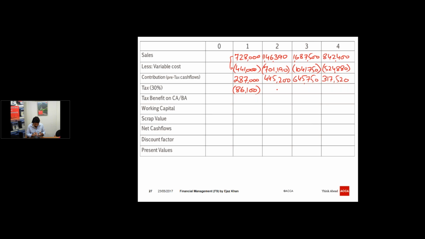Now 445,200 times 0.3 is 133,560. Then 30% of 645,750, multiplied by 0.3, is 193,725.